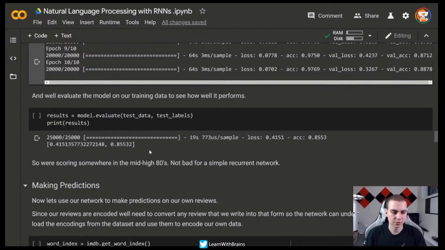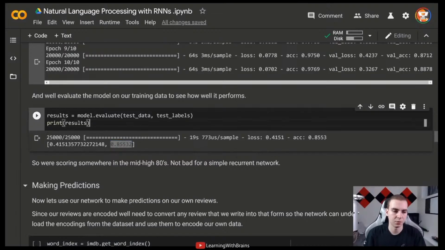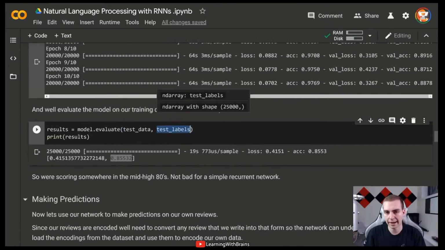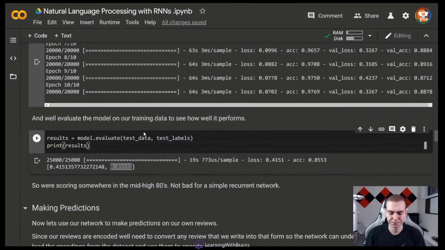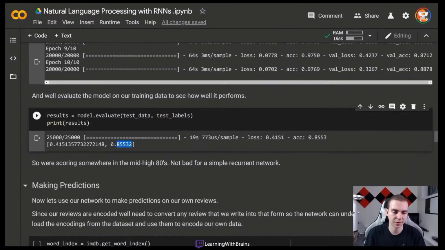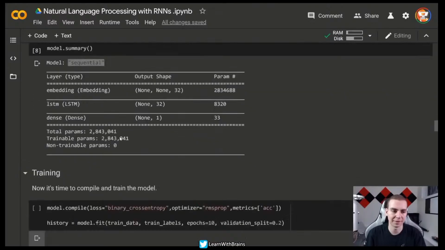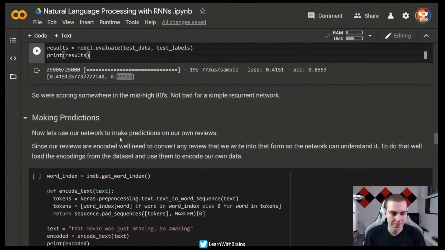Okay, so now we can look at the results. I've already done the results here just to, again, speed up some time, but we'll do the evaluation on our test data and test labels to get a more accurate kind of result here. And that tells us we have an accuracy of about 85.5%, which isn't great, but it's decent considering that we didn't really write that much code to get to the point that we're at right now.